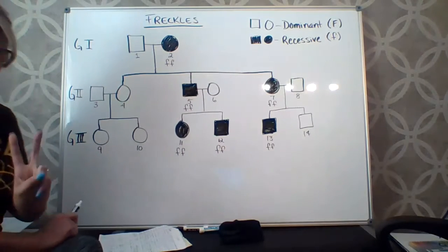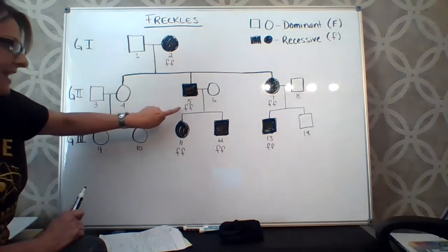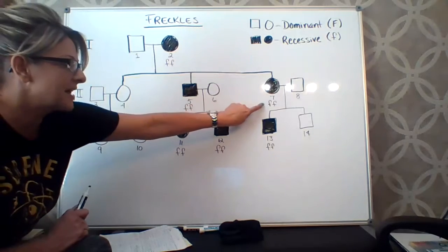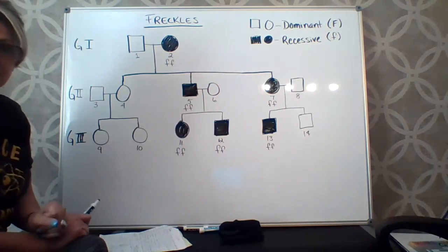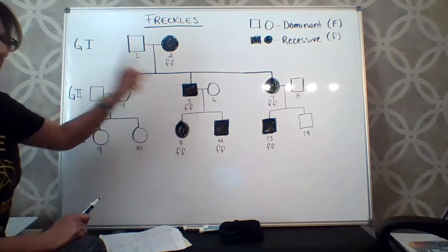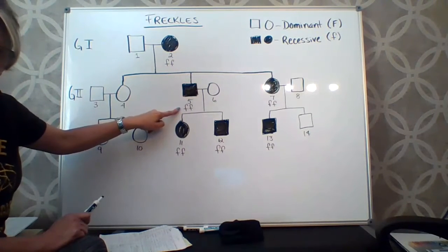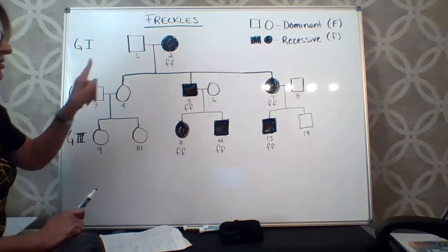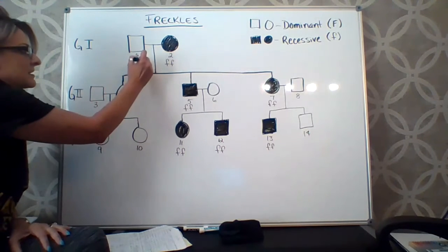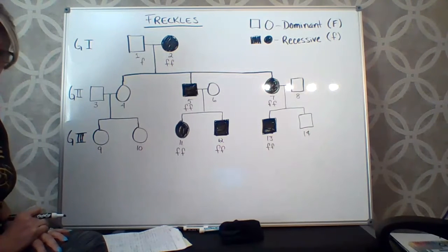So if 2 of his children have freckles, and I know in order for them to have freckles, they have to have 2 recessive genes, and I know 1 came from mom, but mom can only give 1. Where did the other one come from? It had to come from dad. So dad has to have at least 1 recessive trait, correct?